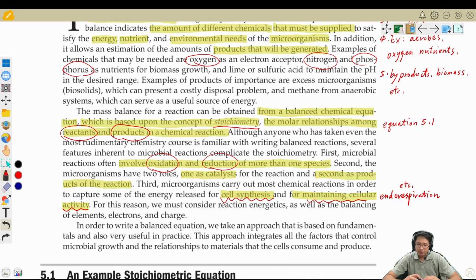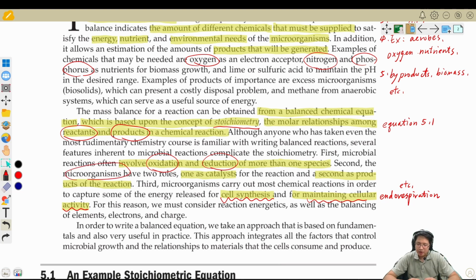Combining those oxidation and reduction reactions generates electron transfer chains to harvest the electrons and store them within electron carriers, to generate intracellular energy or use that energy to synthesize cells.